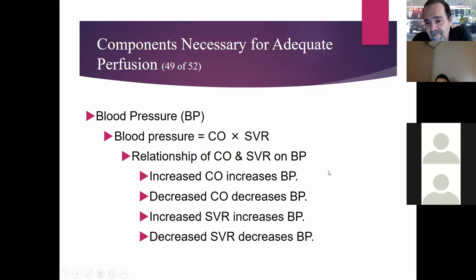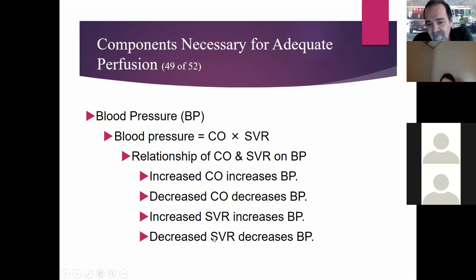So if you decrease the amount of blood going out of your ventricles to the system, you decrease blood pressure. If you increase the amount of blood going into the circulation, then you increase blood pressure. If you increase systemic vascular resistance, in which you constrict the blood vessels, you increase blood pressure.